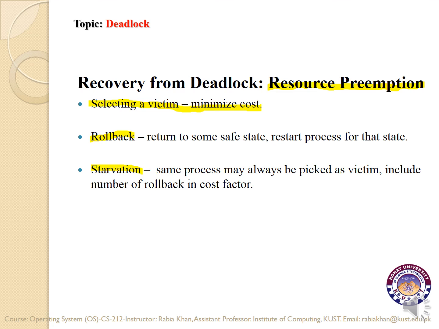That means that specific process will never get a chance to complete its execution. So the operating system has to keep in mind that no single process always gets victimized, so that all the processes have equal chances to be selected as a victim, and no process suffers from starvation.